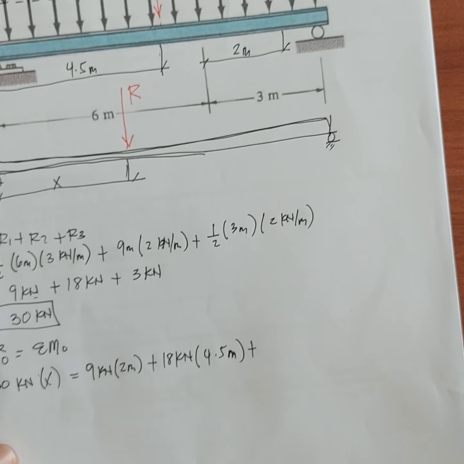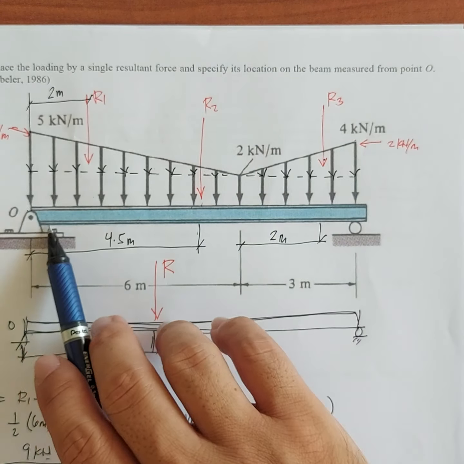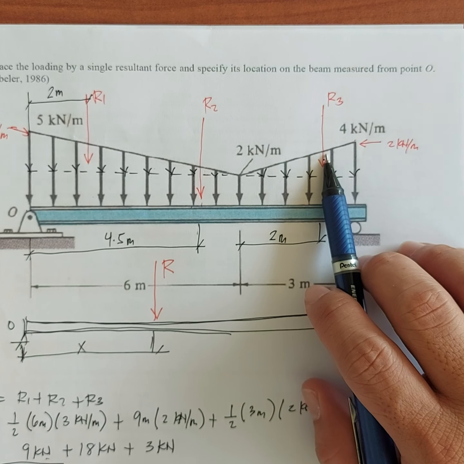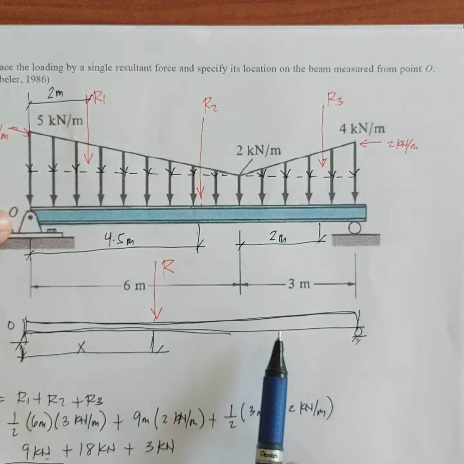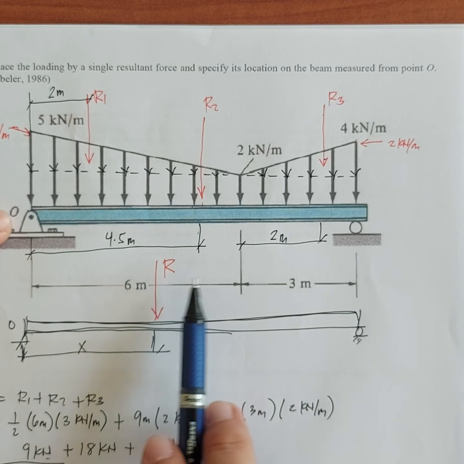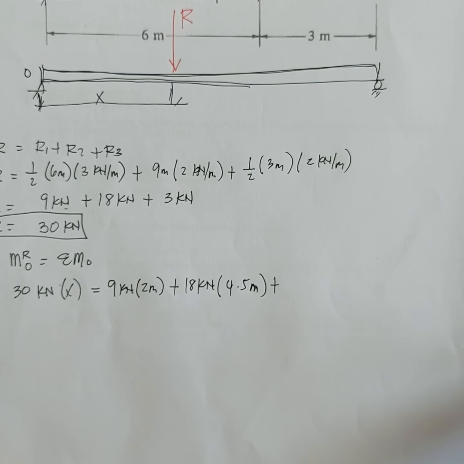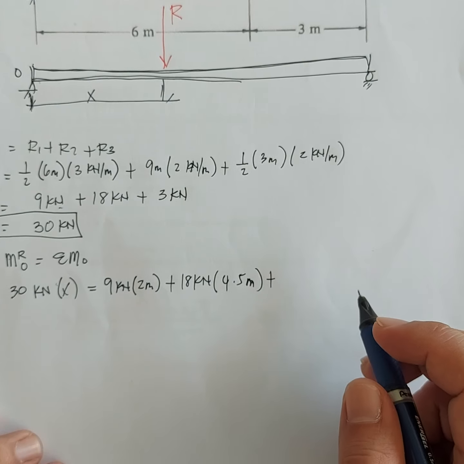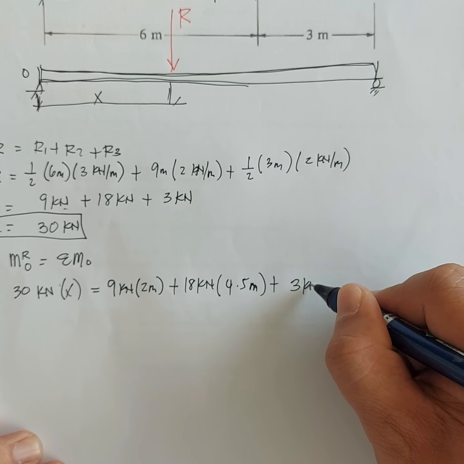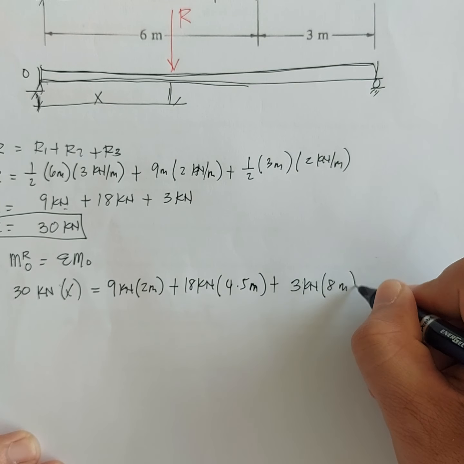Plus, the moment of R3 about point O is also clockwise. R3 times its moment arm from point O, 2 meters plus 6 meters, so that is 8 meters, so 3 kilonewtons times 8 meters.